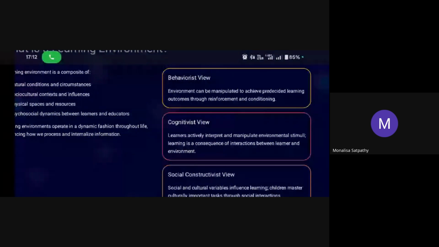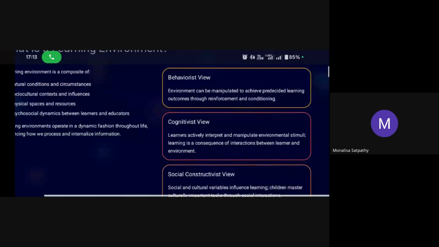They have said that the learning environment is that environment where we learn different kinds of things by manipulating the situation and the conditions, and what we have planned to learn from that situation can be achieved by manipulating the environment. That is the point of behavioristic psychology.